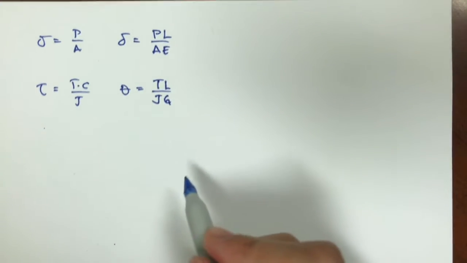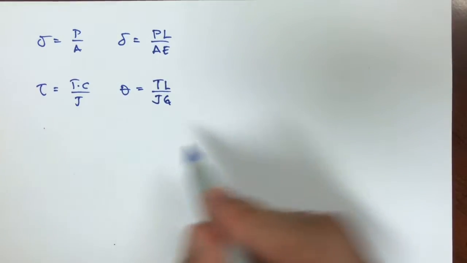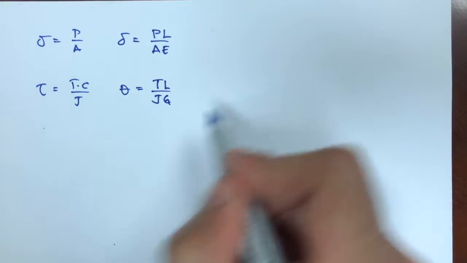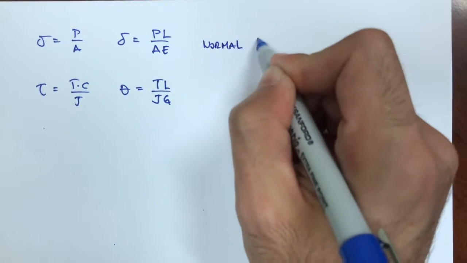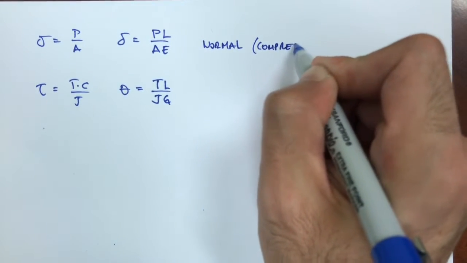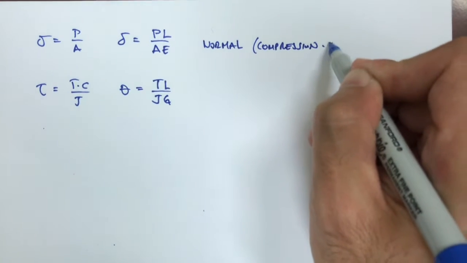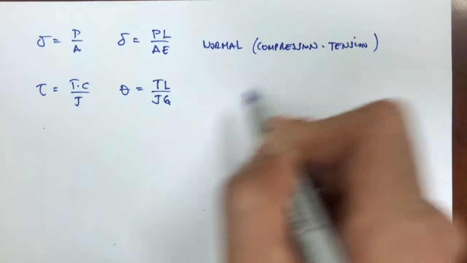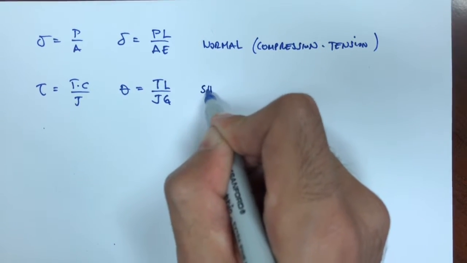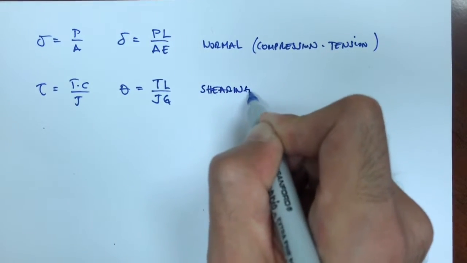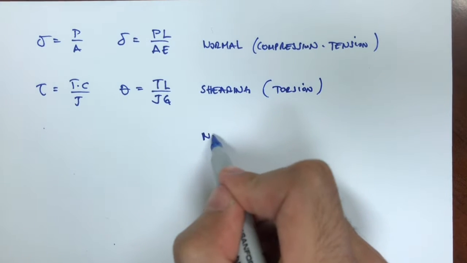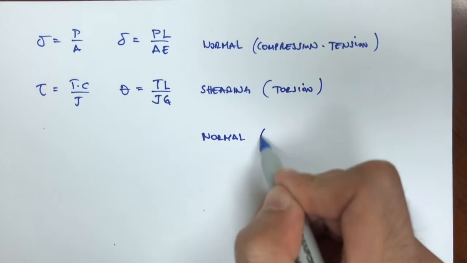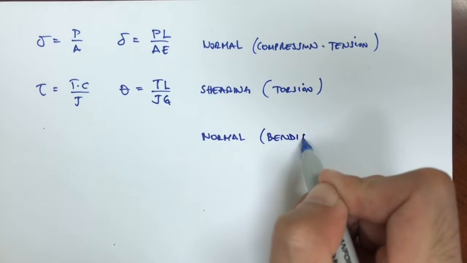Now there's bending, which, as I explained, so this is normal, tension or compression. This is shearing, torsion, and I'm going to have another that gives me normal stresses that comes from bending.